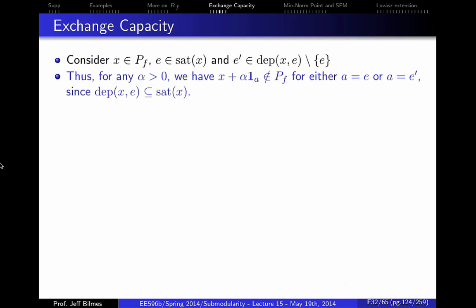And so the question is, since dep is a subset of sat, right? In any of these directions, E or E prime, we can't move in the positive. We can't move positively in either of those two directions because we'll immediately leave the polytope since we're saturated there, right?